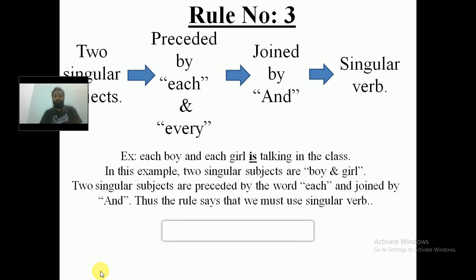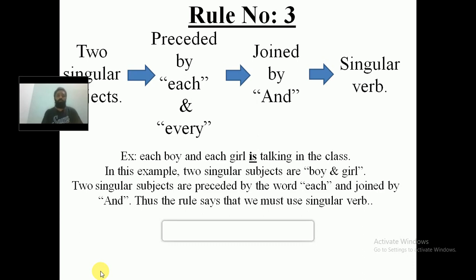Now come to the example. Each boy and each girl is talking in the class. Go back to the rule. Two singular subjects. Here there are two singular subjects, boy and girl, preceded by the word each or every, before the subject.